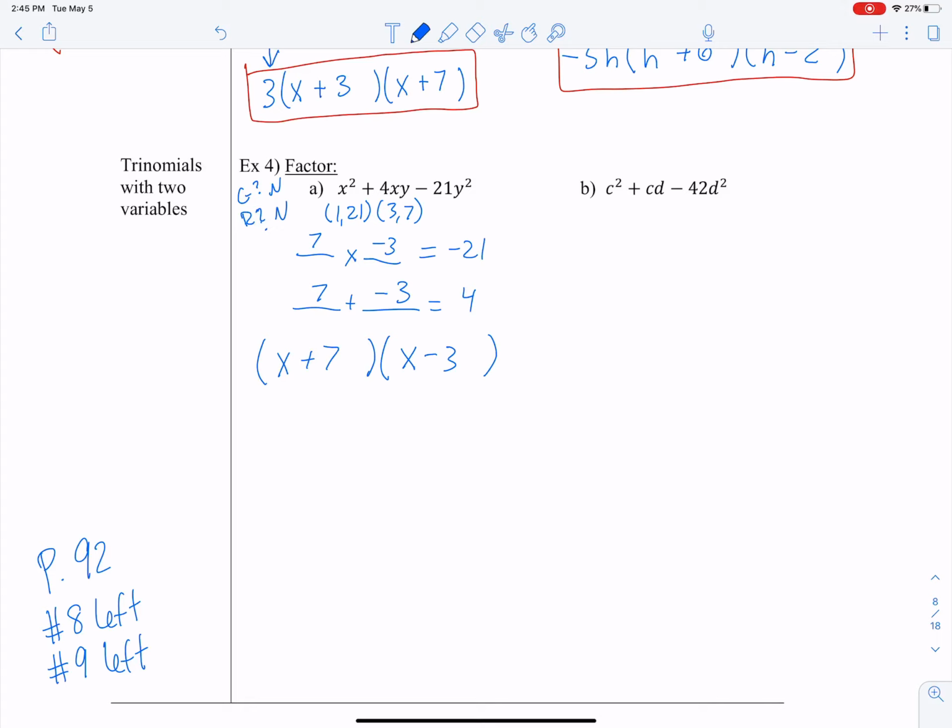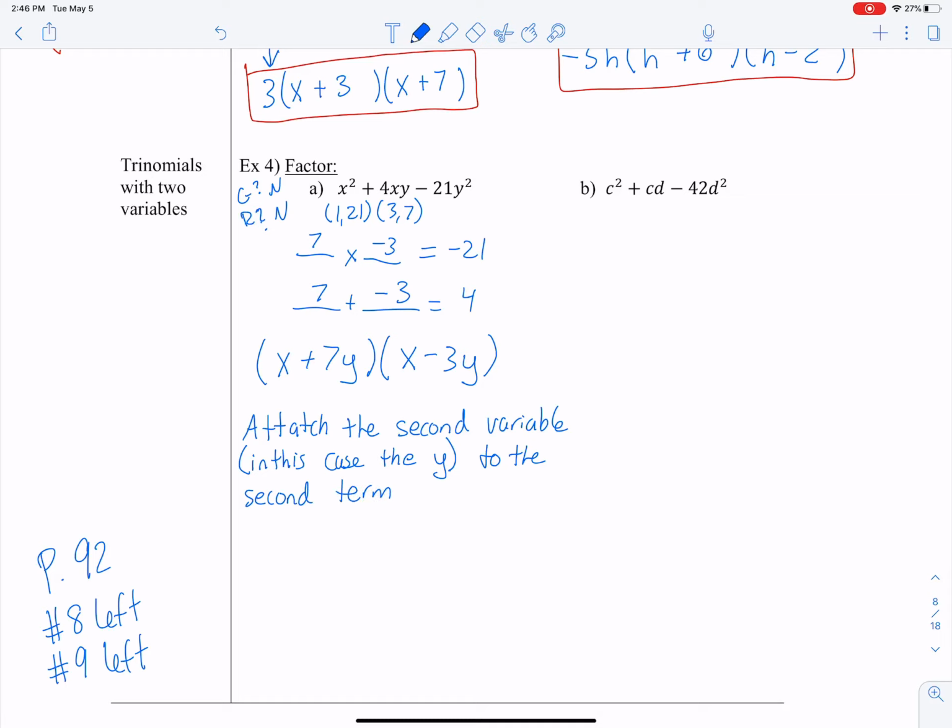You write your brackets out as normal, and then you attach the second variable, in this case the y, to the second term in each bracket. That's the only difference.